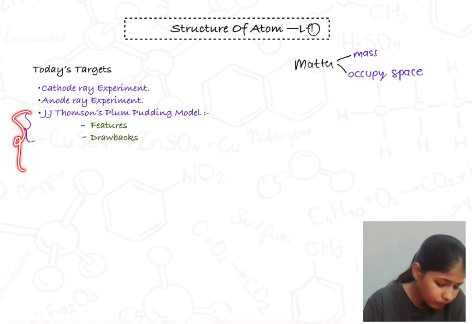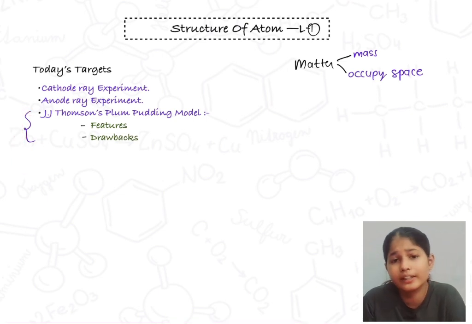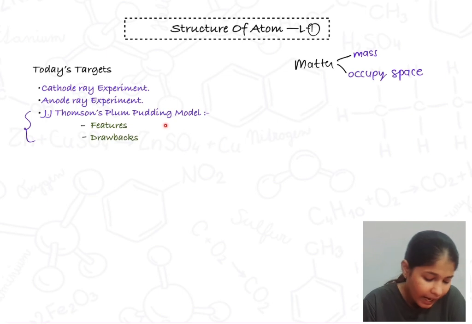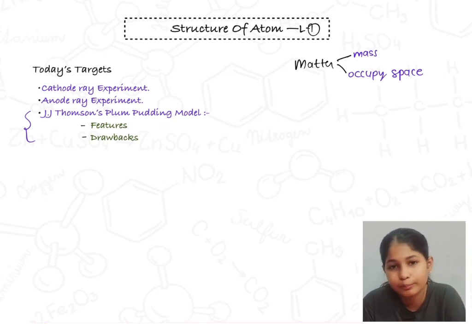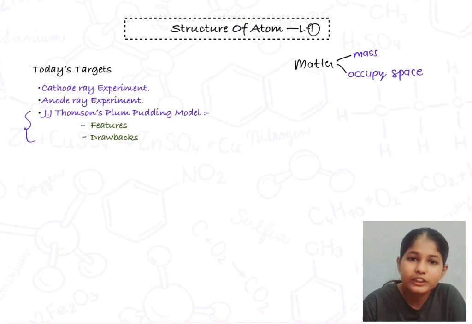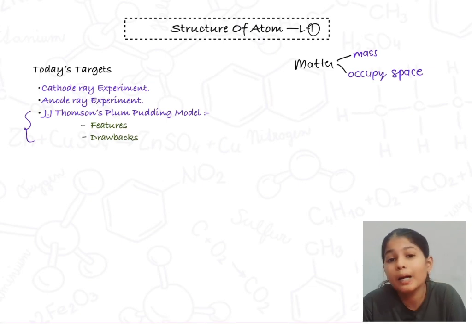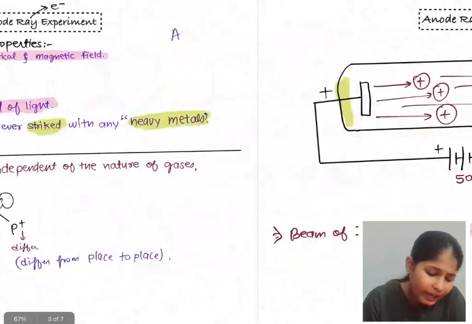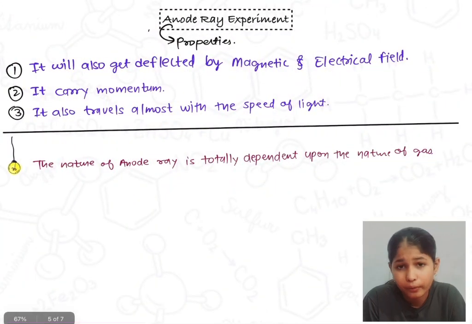So competition starts between these scientists about how the atomic model will be. Our first atomic model was given by J.J. Thomson, scientist. And what was the name of his model? He gave the name of his atomic model as the plum pudding model, or this is also known as the watermelon model.